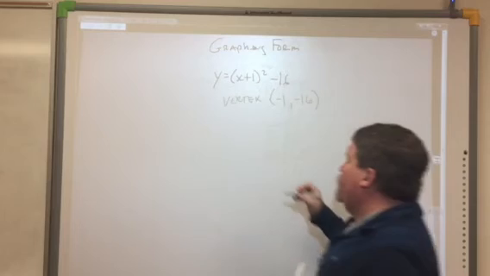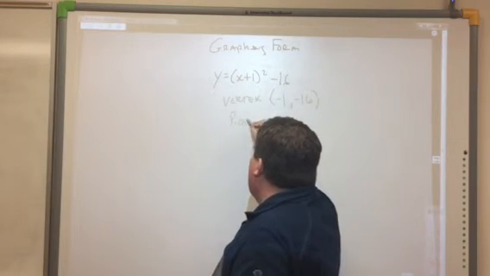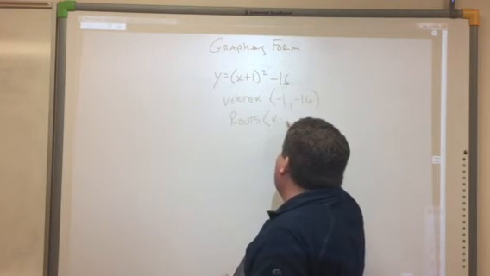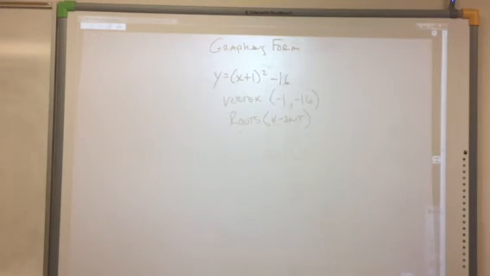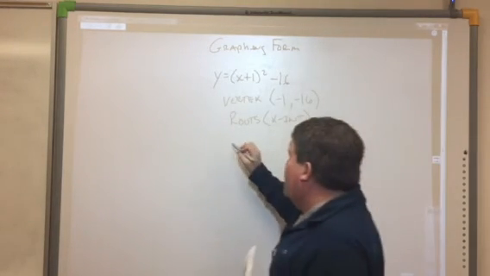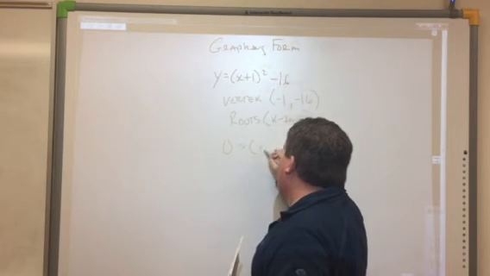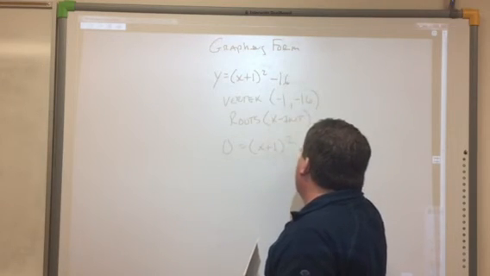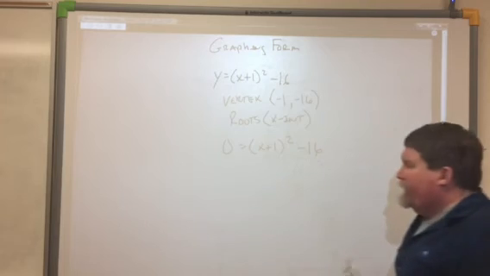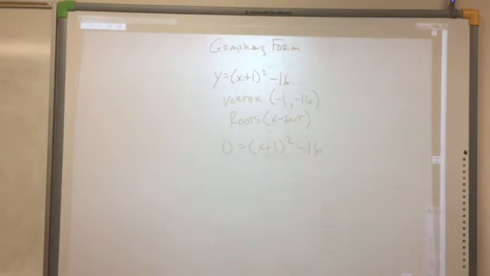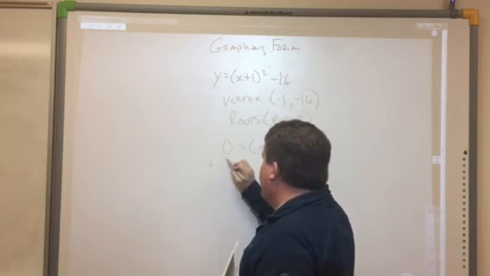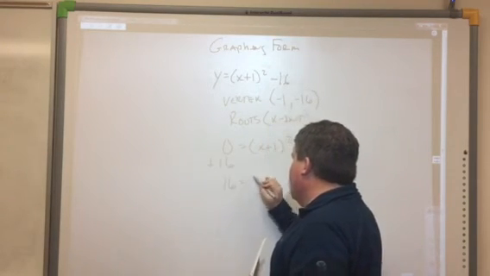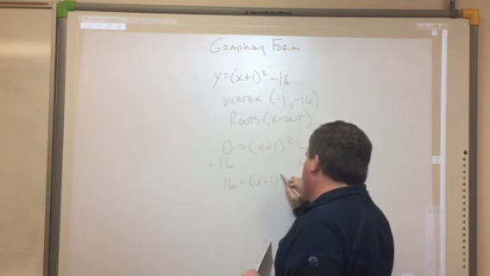Then we want to find roots, or your x-intercepts. Roots are your x-intercepts. So we're going to set this equal to 0. 0 is equal to x plus 1 squared minus 16. So we're going to add 16 to both sides, because we're going to solve for x. So 16 is equal to x plus 1 squared.